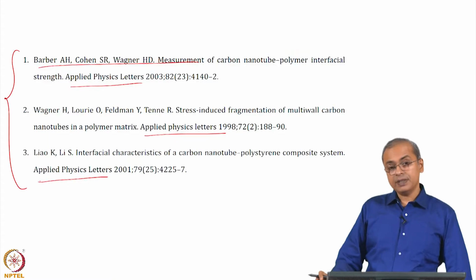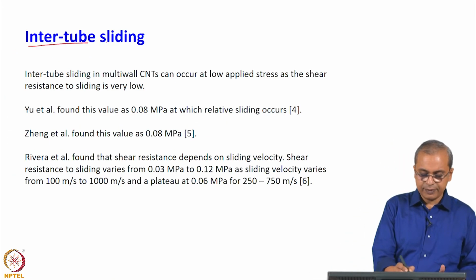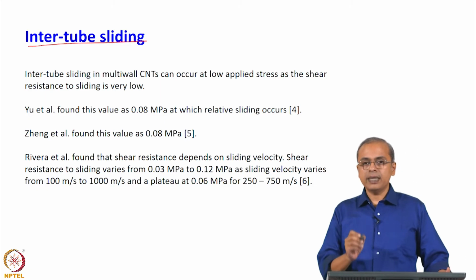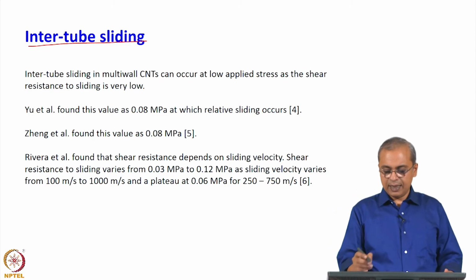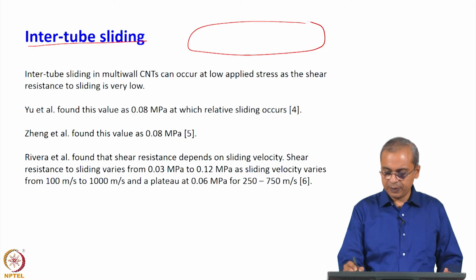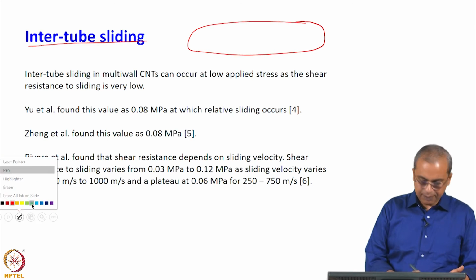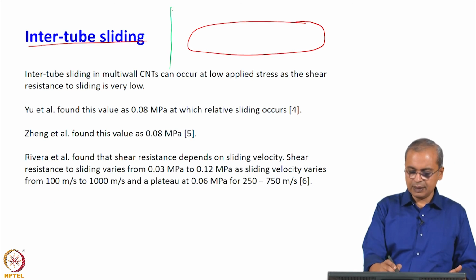There is another way in which CNTs can do damping, and that is called intertube sliding. In this case, if you have the nanotube, I will draw it in a bit more enlarged way for a specific reason. We have a nanotube here, and again it is in some matrix.